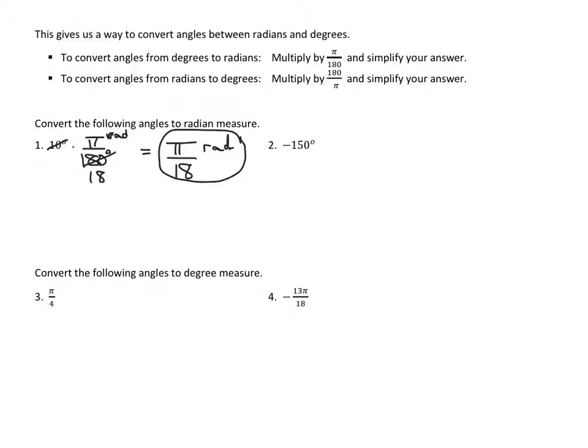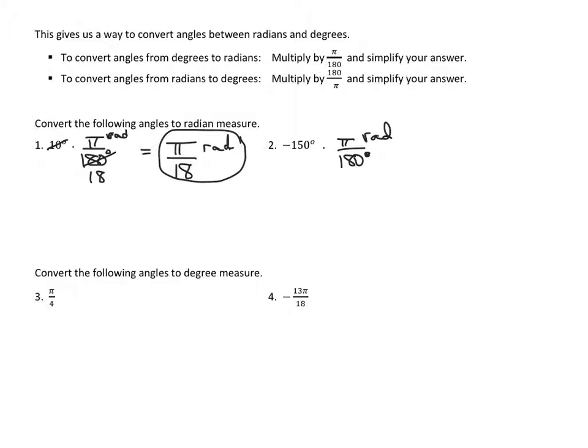That's how you convert. So let's look at negative 150. If we have a negative 150 degrees, we want to convert to radians. We multiply by pi over 180. Just try to remember, a lot of times it's easy to get confused on do I multiply by pi over 180 or 180 over pi. Just remember our goal is we want our answer to be in radians. So when we multiply it out, we want to cross out the degrees. The degrees need to disappear.